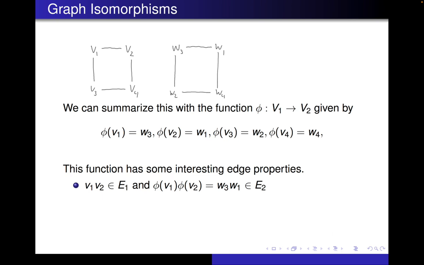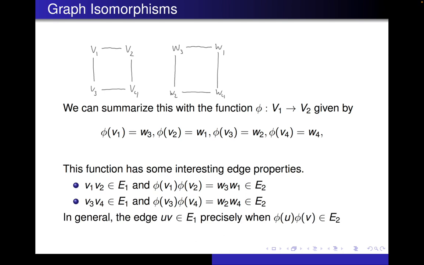Similarly, V3, V4 is an edge in the first graph. And phi of V3, phi of V4 gives you W2, W4, which is an edge in the second graph. Notice that both of those edges are in the same place in the drawing of the graph as where they came from. So the edges with the V's and the edges with the W's are in the exact same place.